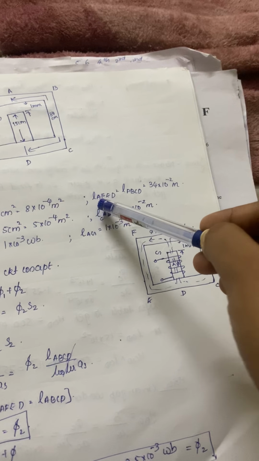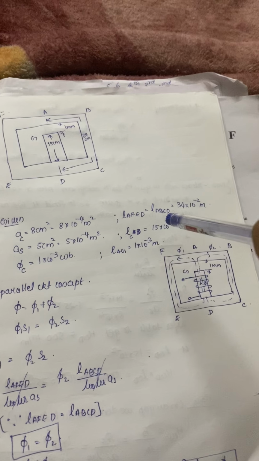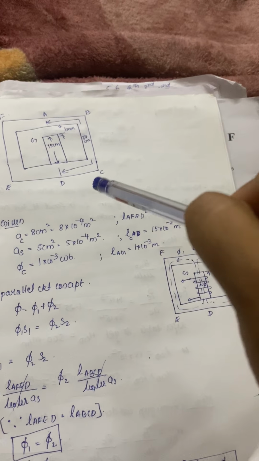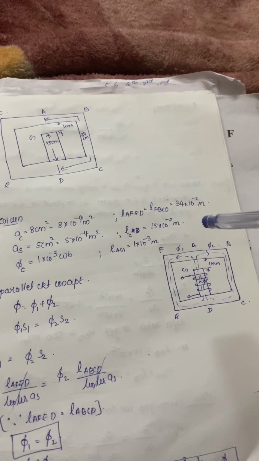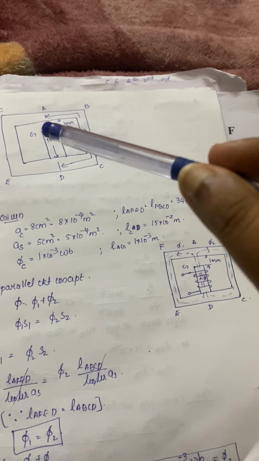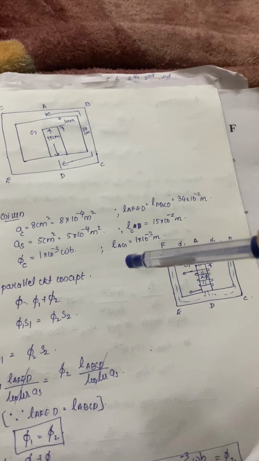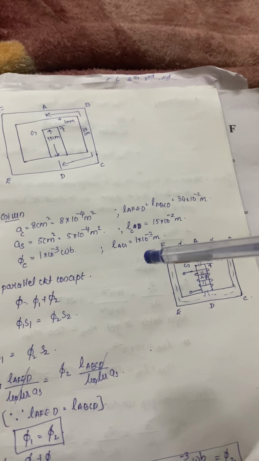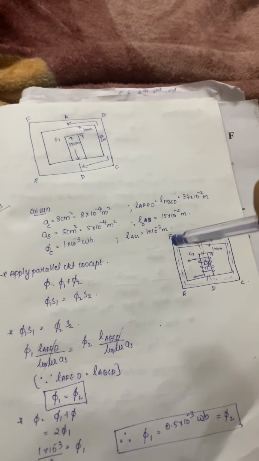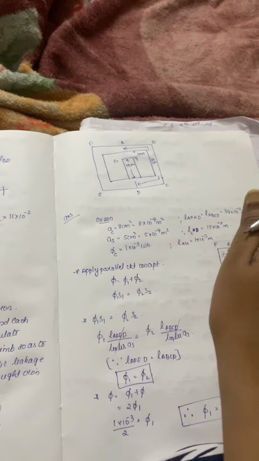That is, length of AFED and length of ABCD is 34 into 10 raised to minus 2 meter. Now length of the central limb, that is GD, is 15 into 10 raised to minus 2 meter, and length of the air gap, that is LAG, is 1 into 10 raised to minus 3 meter. Okay, so I have written down all the given factors.